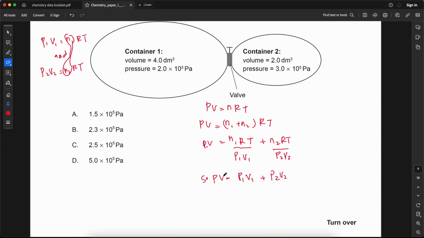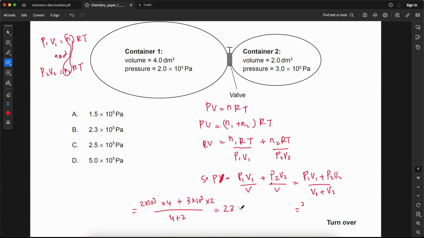If we divide both sides by V, that would be P1 V1 plus P2 V2 divided by first V plus second V. So that would be 2 times 10 to the power 5 times 4 plus 3 times 10 to the power 5 times 2, divided by 4 plus 2. You will get 2.3 times 10 to the power 5 Pascal.